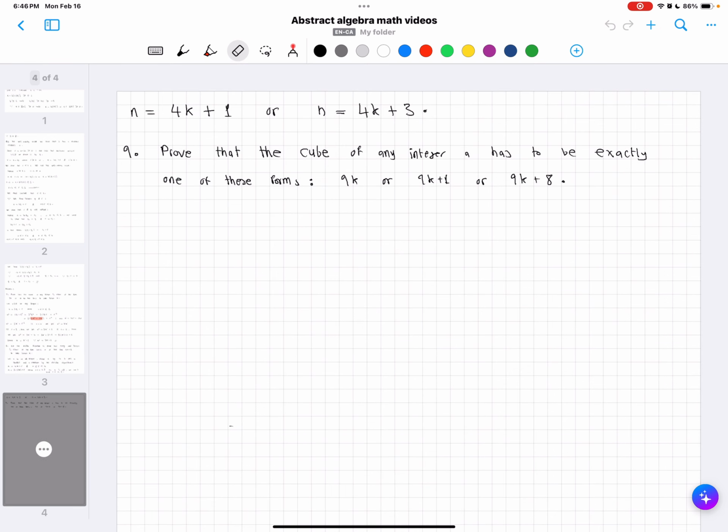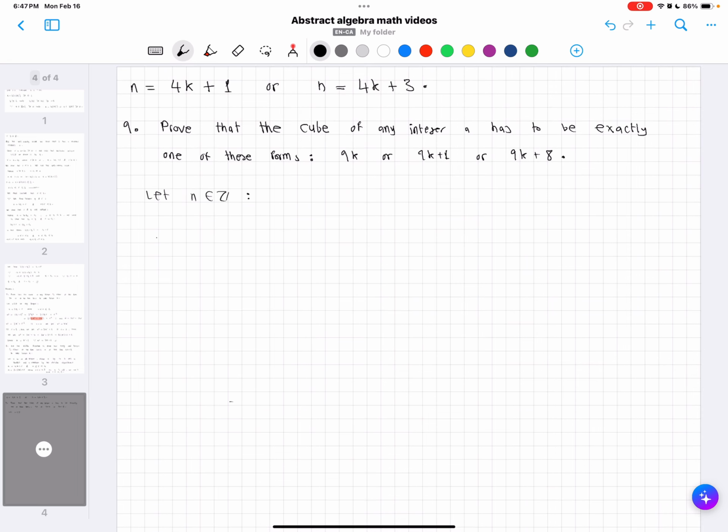So the next problem says to prove that if you have a cube, then it has only 3 specific forms. So let's see how we can show that. First of all, let n be a fixed integer. Then divide n by 3 to get a corresponding quotient as well as a remainder.